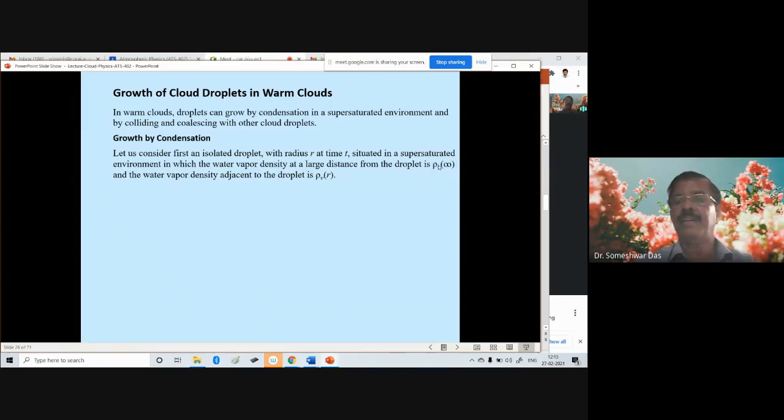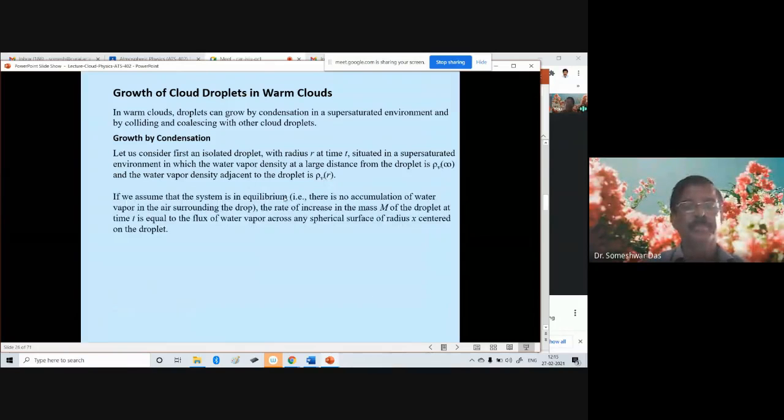Wherever we see v, subscript v indicates the vapor phase. So this is the density of the water vapor at a large distance, represented by infinity, and the water vapor density adjacent to the droplet is rho v r, where r is the radius, at a time t.